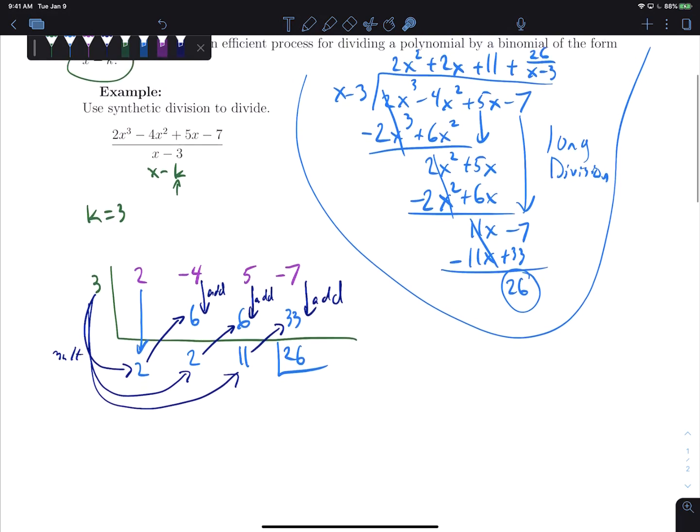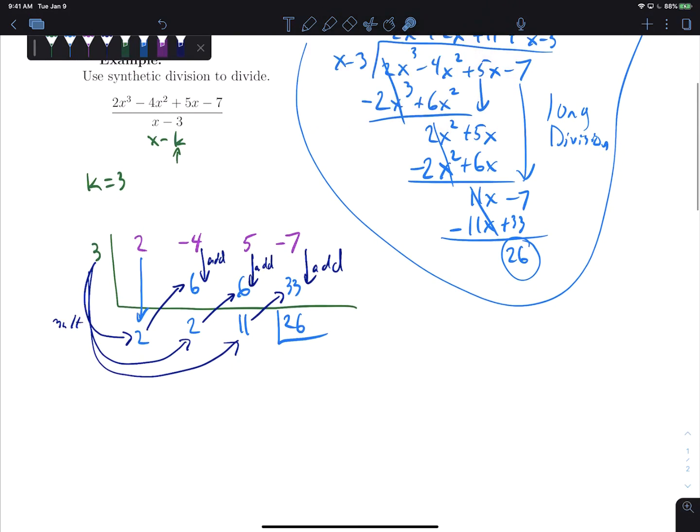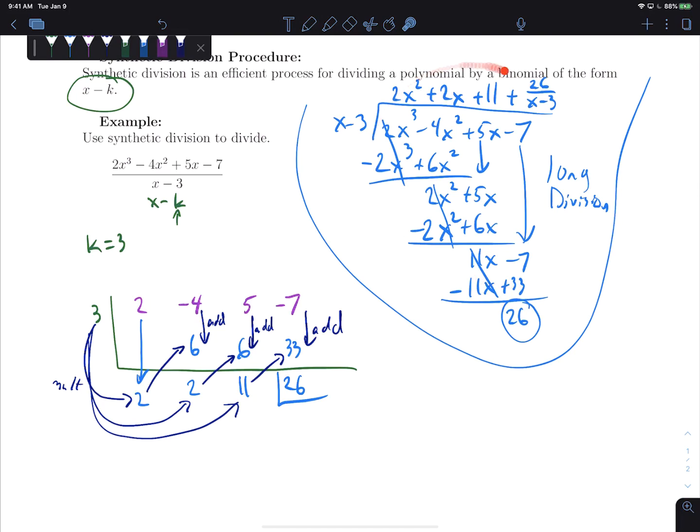So, believe it or not, what we just did here is exactly what we just did in the long division. Because if you look at this, 2, 2, 11, and the 26, 2, 2, 11, and the 26. Now notice I put the 26 in this little square, well, not really a square, just kind of a pin over here, I guess. Or, you know, if you aren't from Texas, that would be a pen.